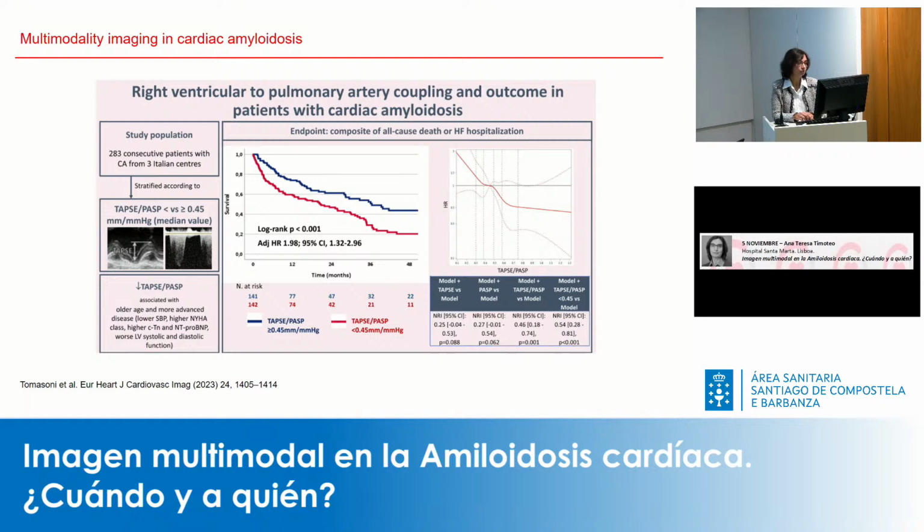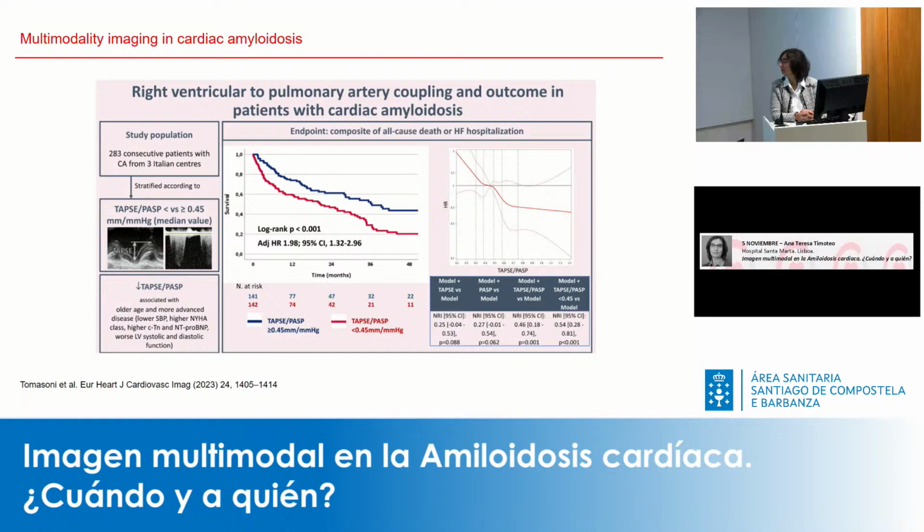Right ventricular to pulmonary artery coupling has been used today in many studies where it showed an important prognostic effect, and it has also been tested in amyloidosis. We can calculate this coupling non-invasively with the TAPSE over pulmonary artery systolic pressure, and this cutoff of 0.45 has a prognostic value.